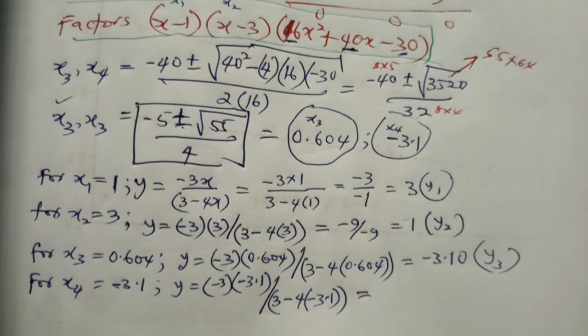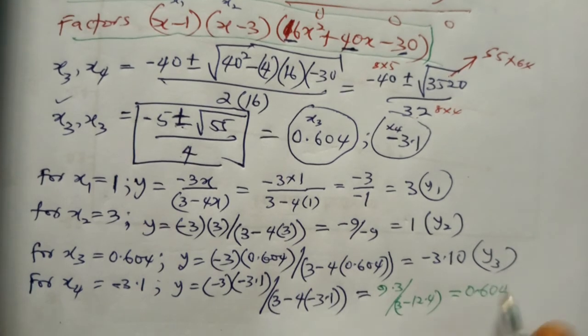If we do the math, the numerator will be 9.3, and the denominator will be 3 plus 12.4. So you have it to be approximately 0.604. That's y4.